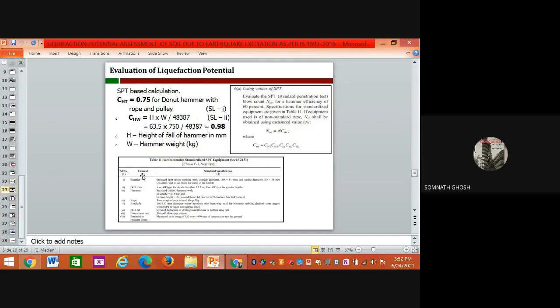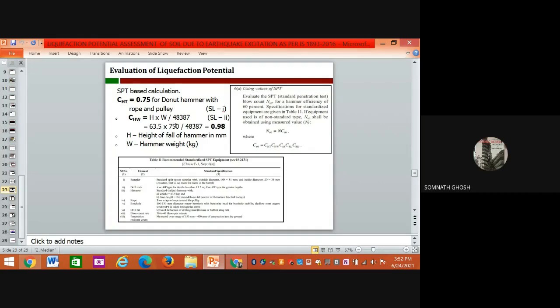Now you see, this is some correction regarding hammer, right? That is given here. If you go through the code, you will be able to understand that everything is given for a particular hammer. If the hammer weight and or the drop height is different, then you have to make some corrections.